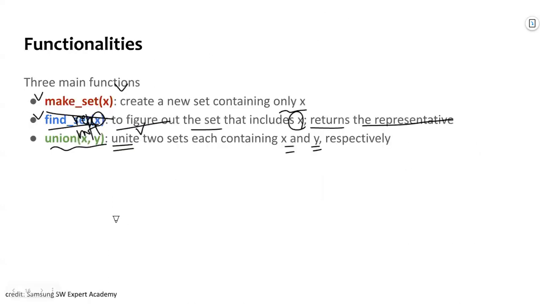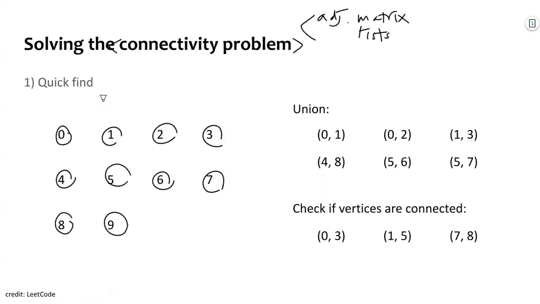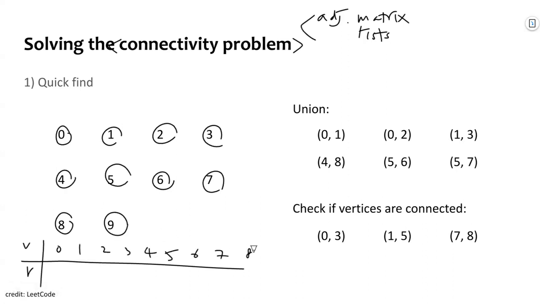So we performed this make set operation first. And we're going to keep track of the root of each vertex. So 0, 1, 2, 3, 4, 5, 6, 7, 8, 9.